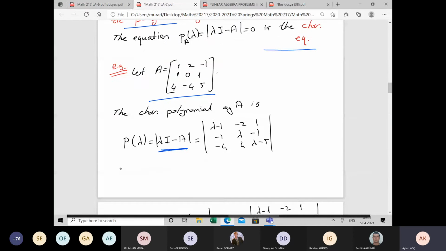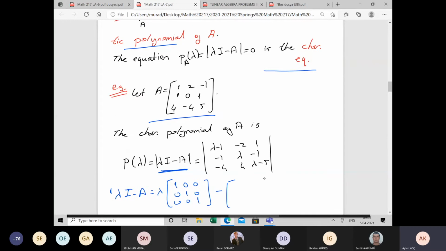Lambda times the identity matrix: the scalar multiplies all entries by lambda, giving lambda 0 0, 0 lambda 0, 0 0 lambda, and minus A, this one. So take the determinant.